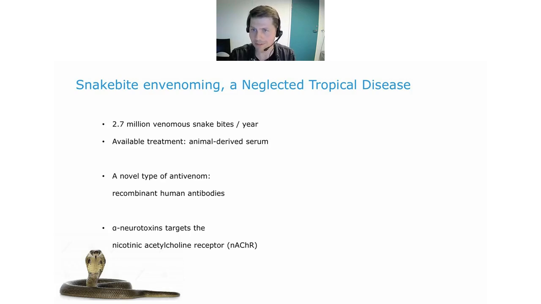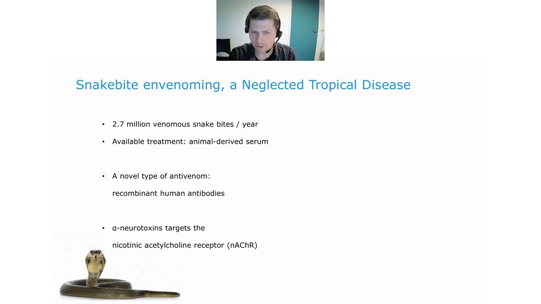Here you have to imagine that the snake venom is injected into an animal, and then the serum is harvested from this animal and injected into the poor human that has already been bitten by a snake.